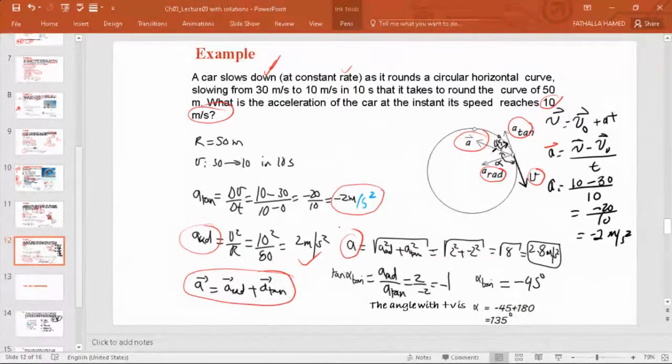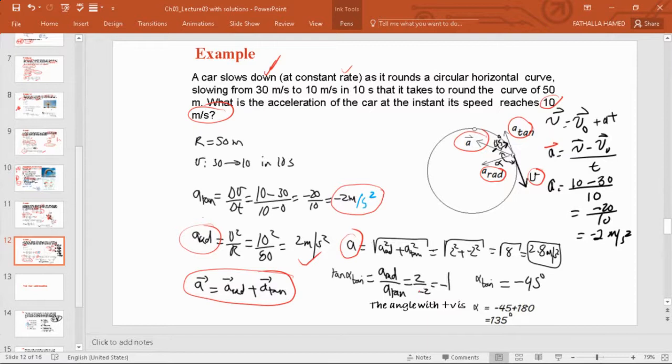If you want to get your alpha, the angle that it makes relative to your tangent, which is your velocity, tan alpha will be A rad over A tangential, which is minus 2 over minus 2, which is minus 1.